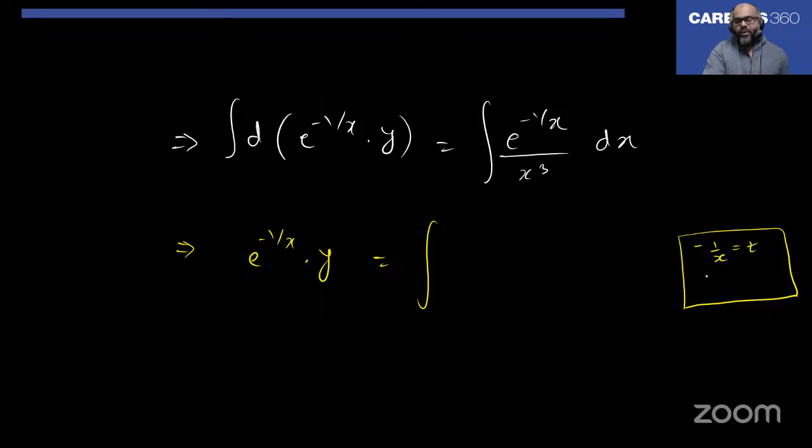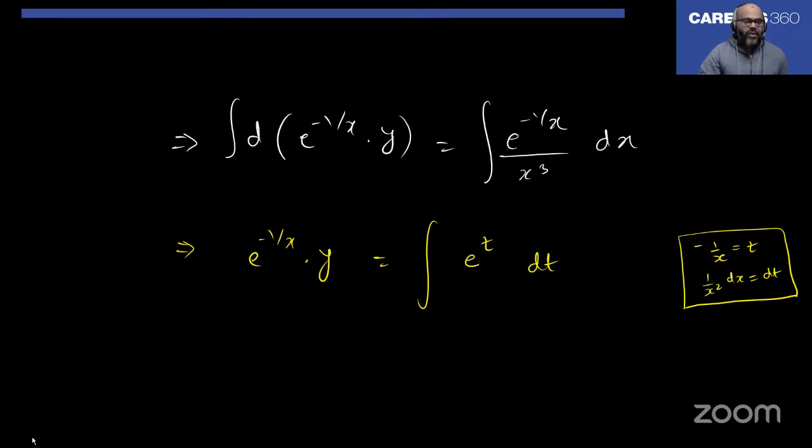So on differentiating, 1 by x square dx will be equal to dt. So what we can write is e to the power t, and 1 by x square dx will be dt, and one 1 by x will remain. So 1 by x is equal to minus t.